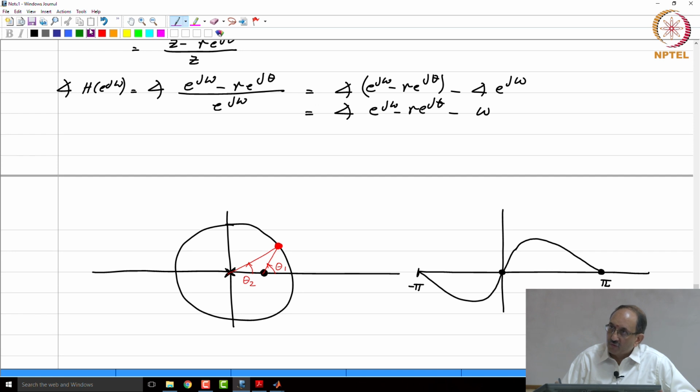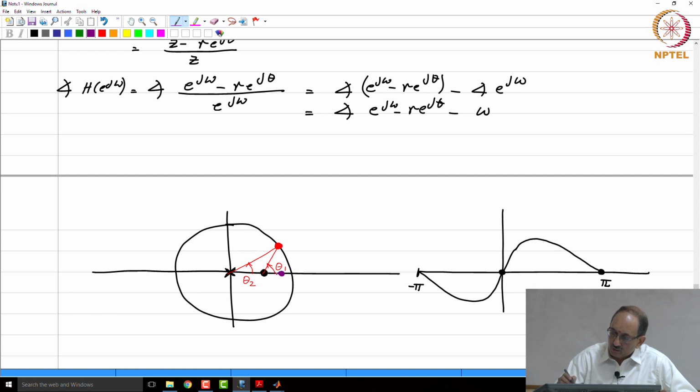Now, to get a further feel for what is going on, suppose the 0 is now closer than before, that is, compared to the earlier radius, we have a larger radius now. Again at omega equal to 0 and omega equal to pi, the phase response has to be 0.